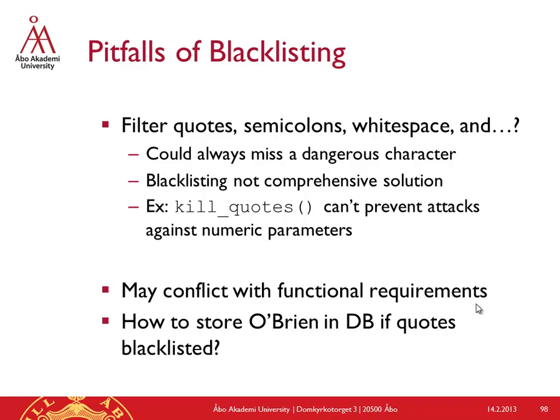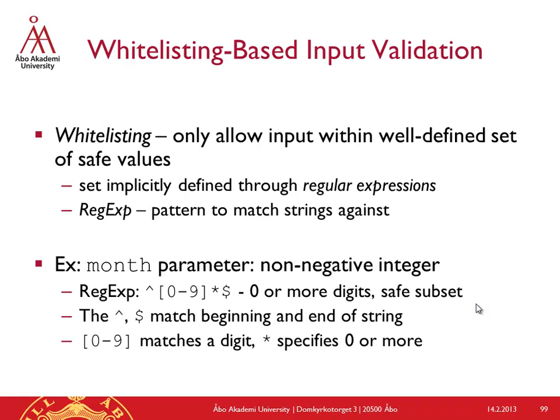And also, what can we do? For example, if we are filtering this symbol here, but we want to store O'Brien in the database, this good string does not contain any malicious code, but will be rejected in this case. Not very good. A solution to this is whitelisting based on input validation. For example, this input validation might be performed by regular expressions, which you are also familiar with.